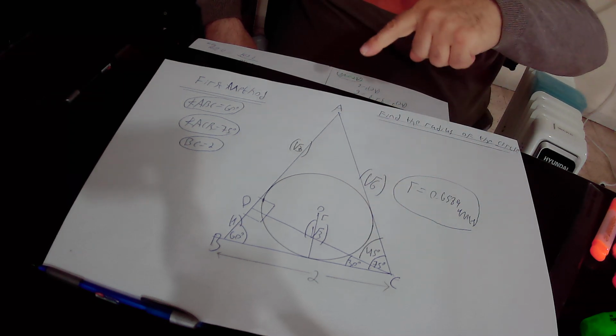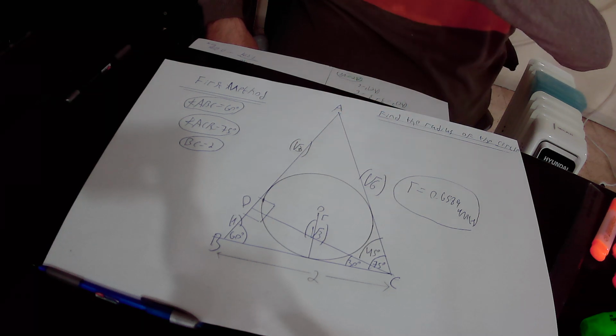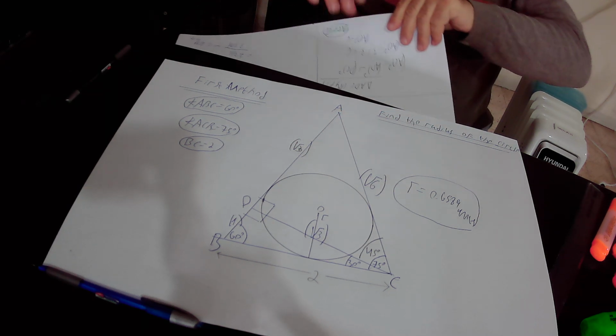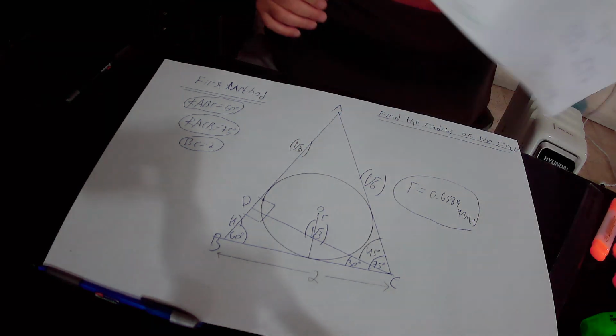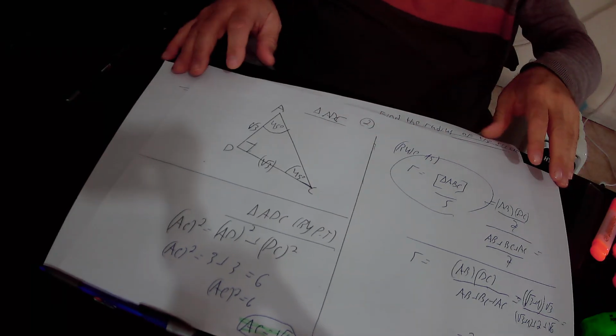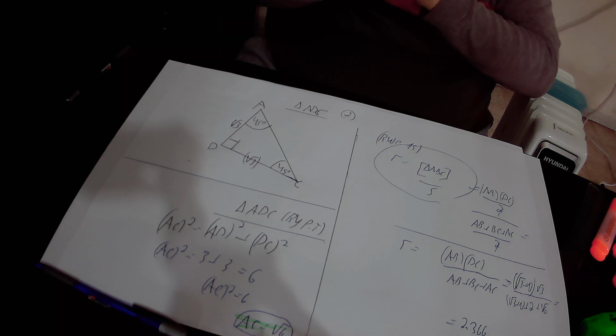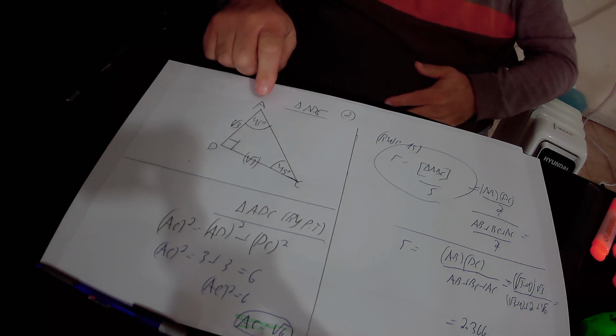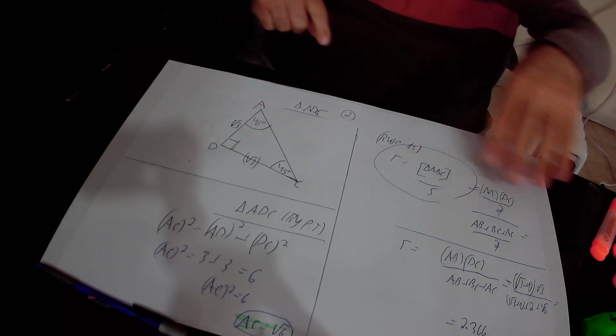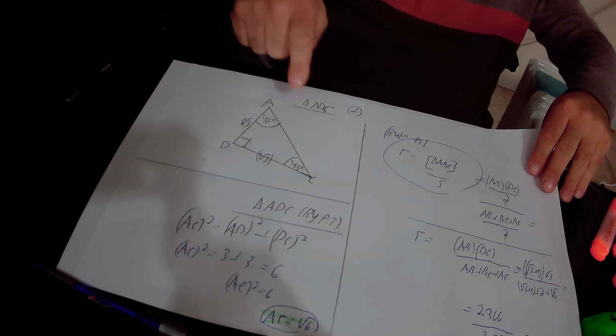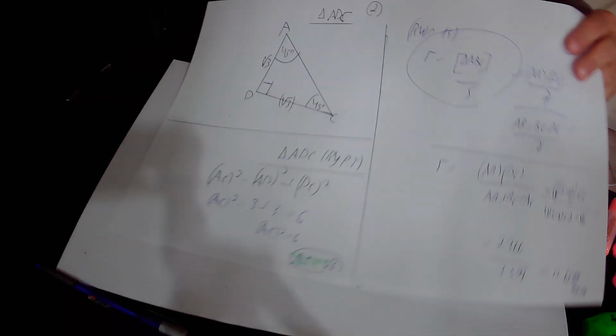Then I copied the right triangle ACD onto a new page and analyze this right triangle. This is the right triangle ADC that I copied from the original drawing. We just found that angle ACD equals 45 degrees.